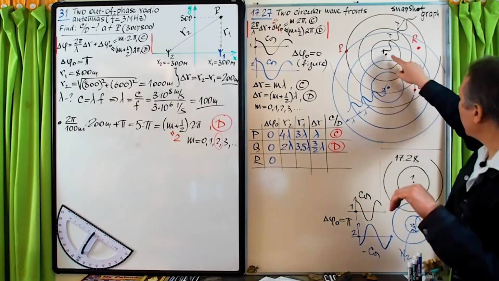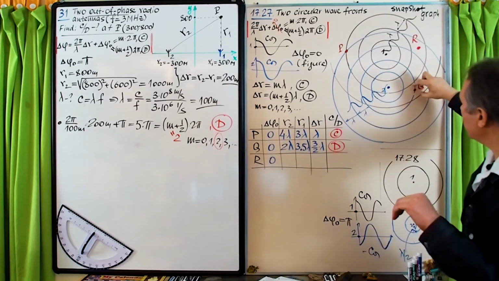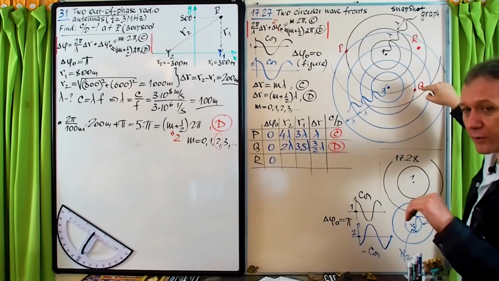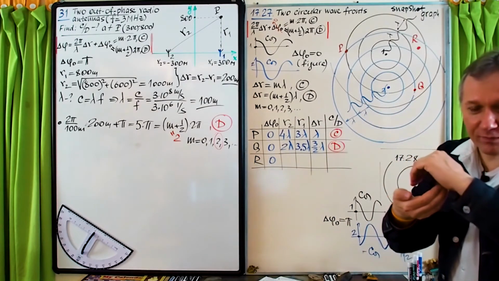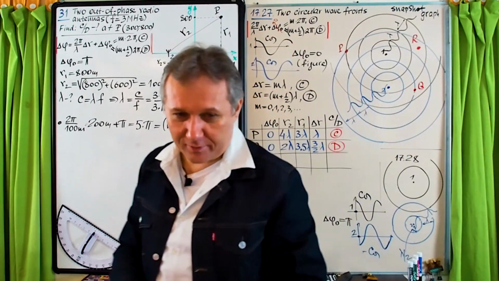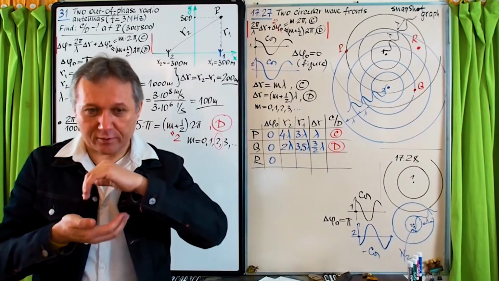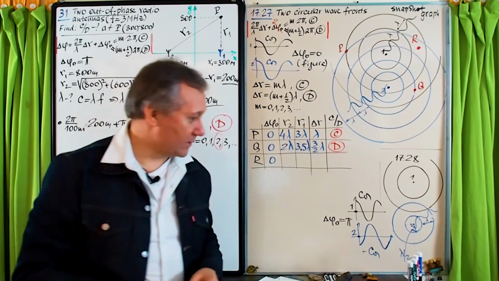But relative to the black wave, it's between the wavefronts, so it is in a black trough. So we have blue crest, black trough. Of course, they are going to destroy each other, giving us destructive interference. Whenever you have crest over trough, it's complete cancellation.